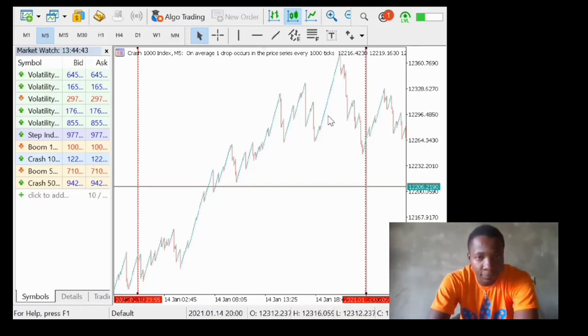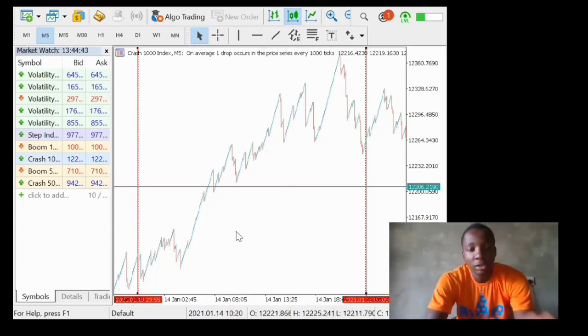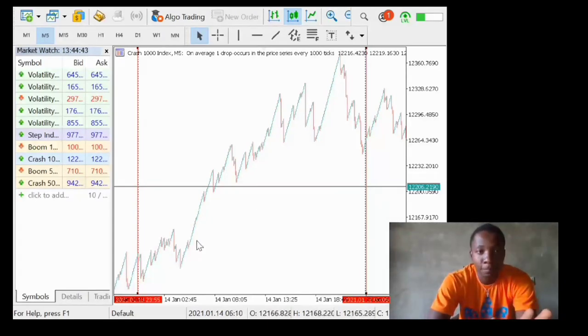If you understand Boom and Crash, or Crash 1000 specifically, you know it sells unexpectedly, like a spike downwards, as you can see here. That's how Crash works. So you trade this strategy when Crash is on an uptrend.